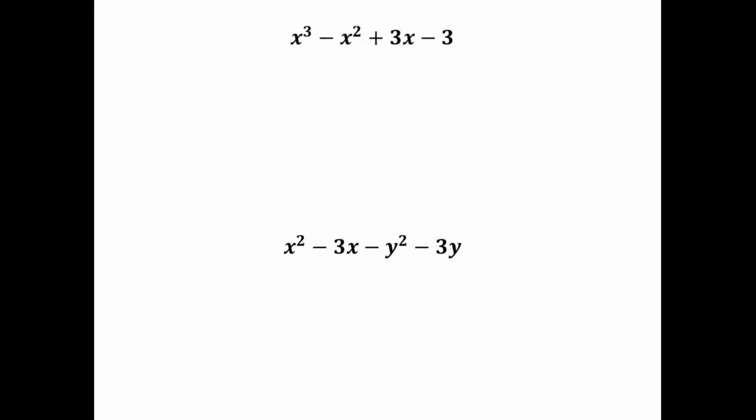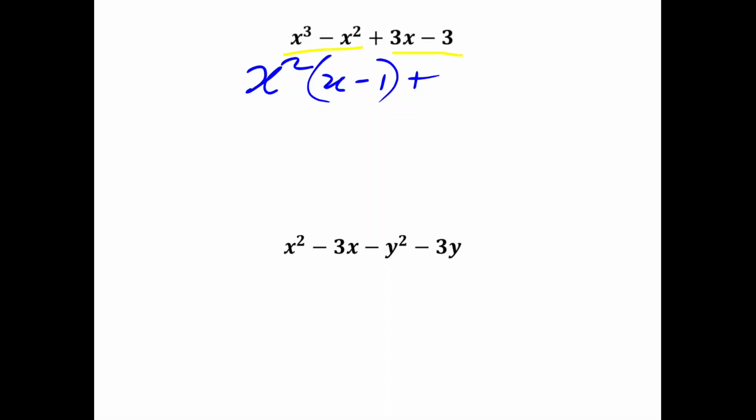Here is another good example. So we take the first two as a group and the other two as a group. So we write the common factor of the first two terms is x squared. And then we are left with x minus 1. Now plus.